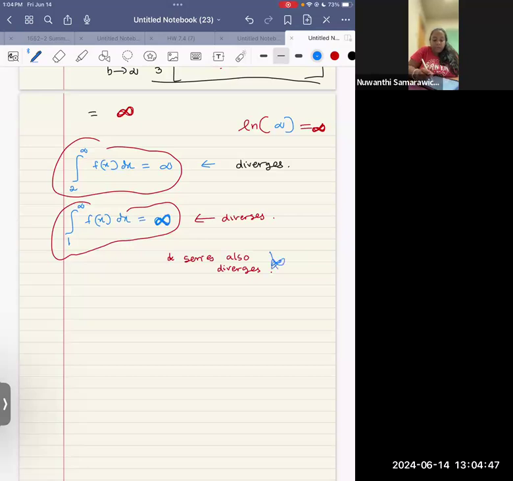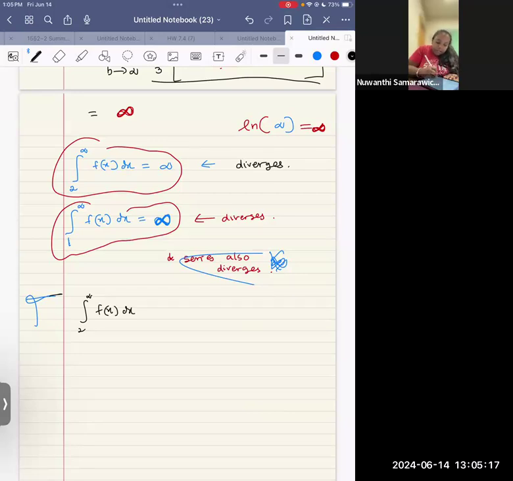So I didn't get that question. Someone will ask why, because 1 to infinity is infinity, the series diverges. How did I get that idea? I just did some steps in my mind. So what is the integral from 2 to infinity of f(x) dx?